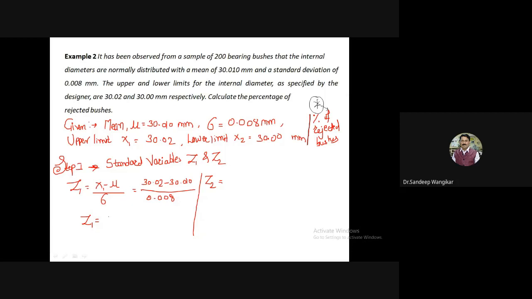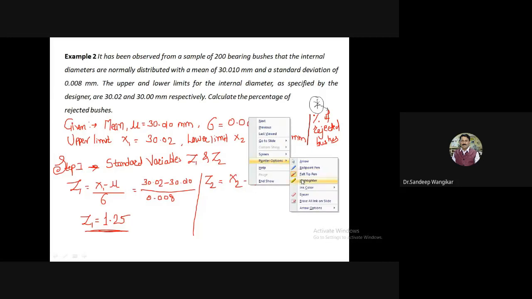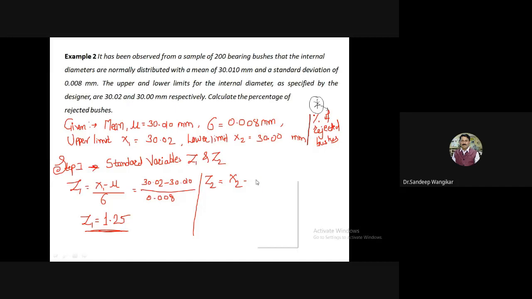1.25. So I will write here 1.25. Z2, I will write here X2 minus mu divided by sigma. So I will write here 30.00 minus 30.010 divided by 0.008.